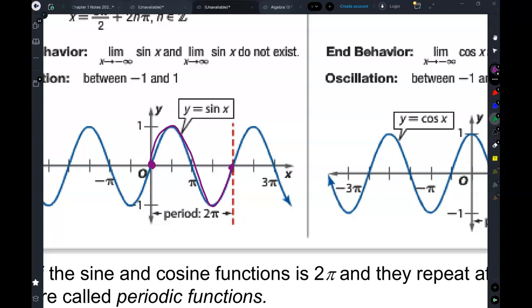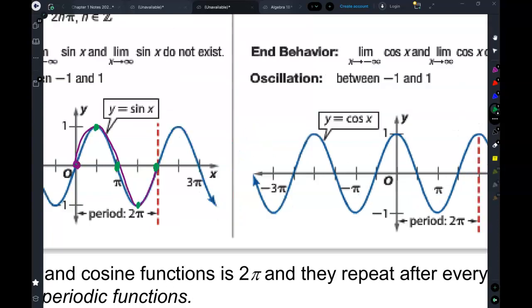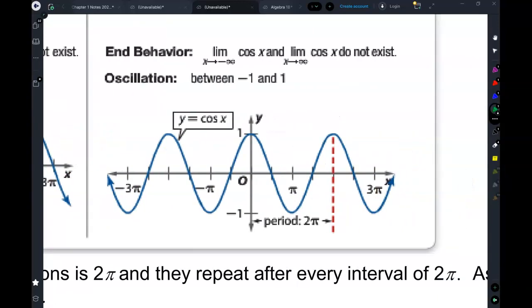Now, what else we need to know is this. Sine is 0 here, here, and here, and then it goes to the maximum and to the minimum. How many total points is that? 5. We call them 5 critical points. Now, let's go to cosine.